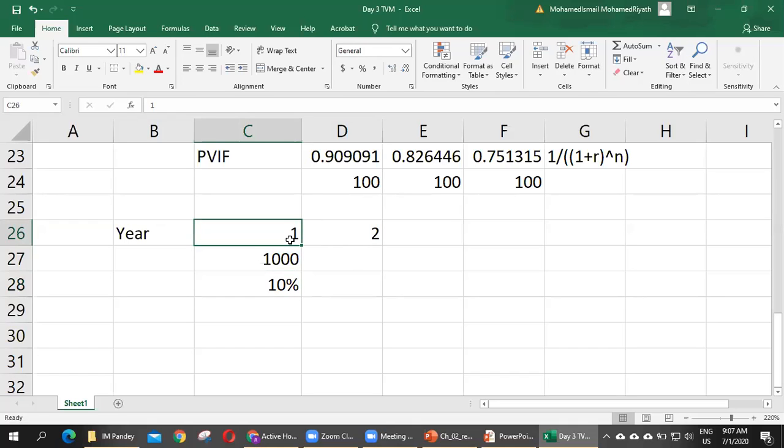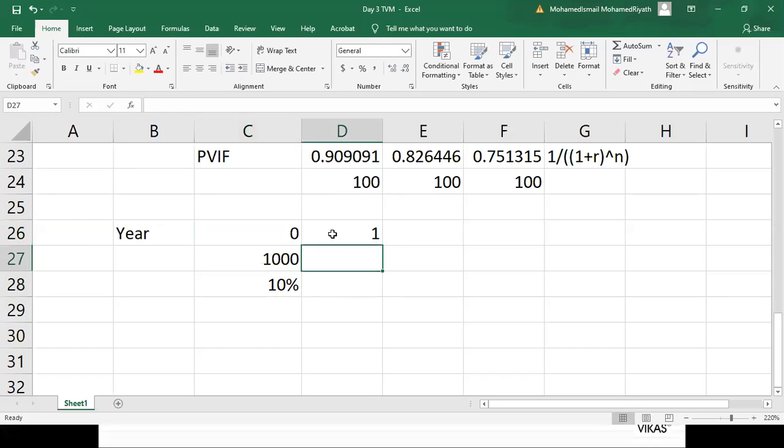After 1 year you will receive this amount plus interest. How much is the first year interest? 100. Very good. Then altogether you will get 1,100.